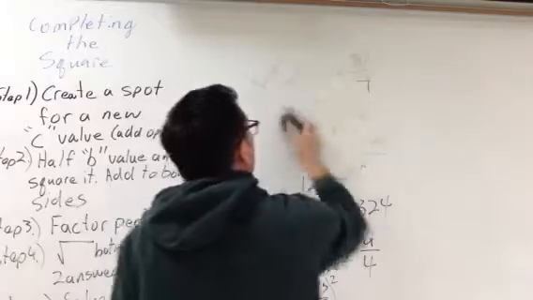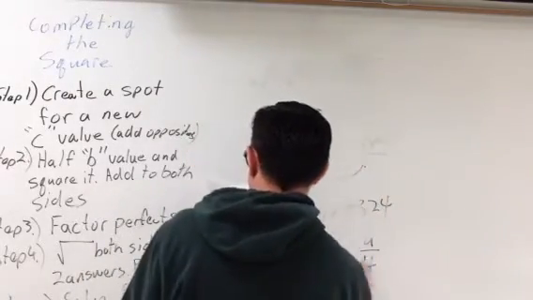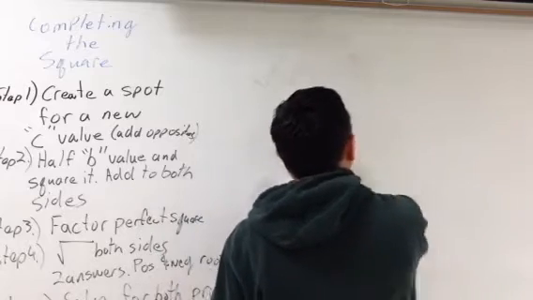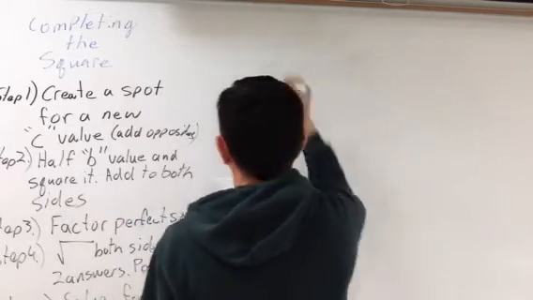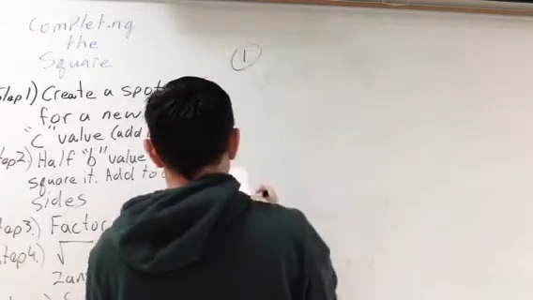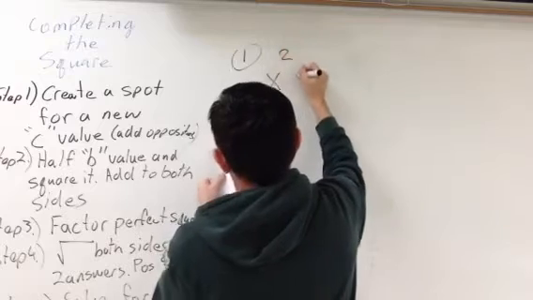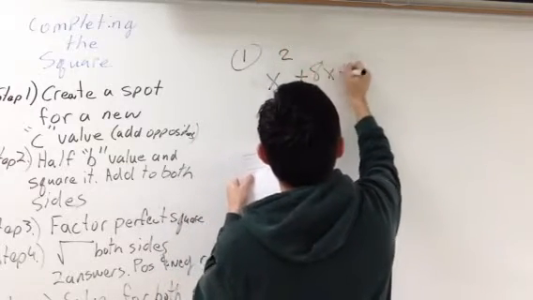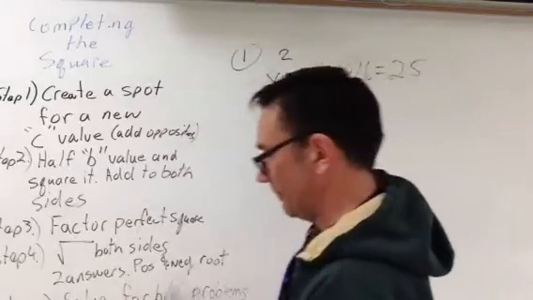Now, I'm going to solve a couple of these now, and then we'll work on more of them during class. At least you'll get the hang of it. The number one problem where it says solving by completing the square. x squared plus 8x plus 16 equals 25.